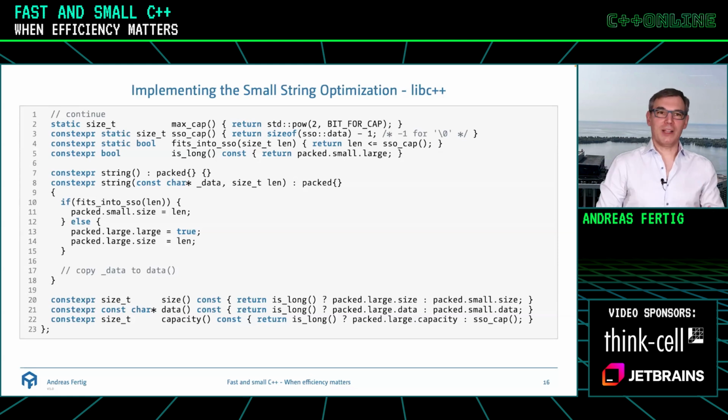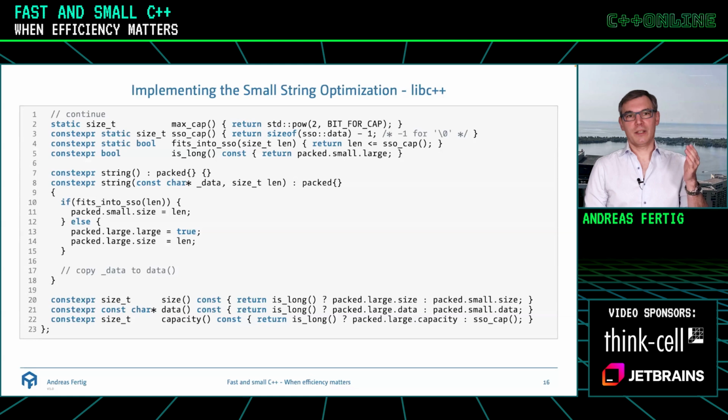Is long? Well, that one checks in the packed union for the small member whether the large bit is set or not. By default, it constructs a small string with the union here. The 2-argument constructor taking a const char star and a size_t also default constructs a small string. And then we have the if inside the constructor body checking whether the length of the string fits into SSO mode. If yes, then we set the size in our small data structure to len. Otherwise, we flip the bit in the large structure.